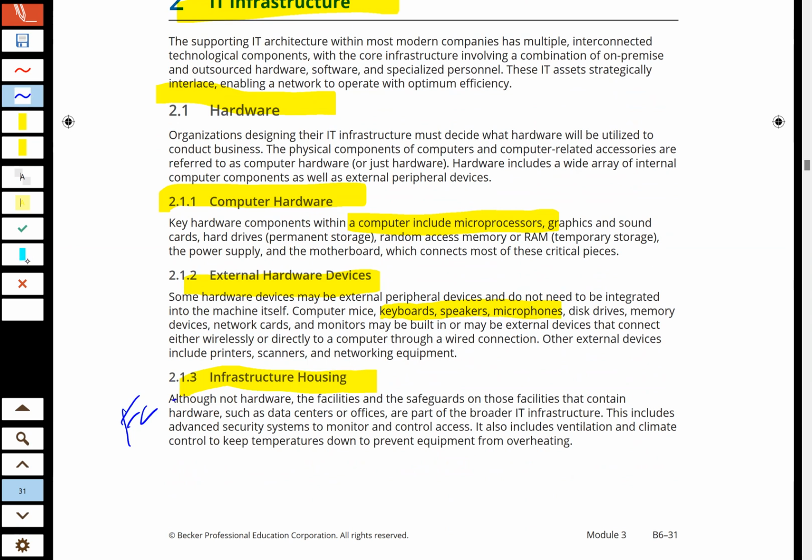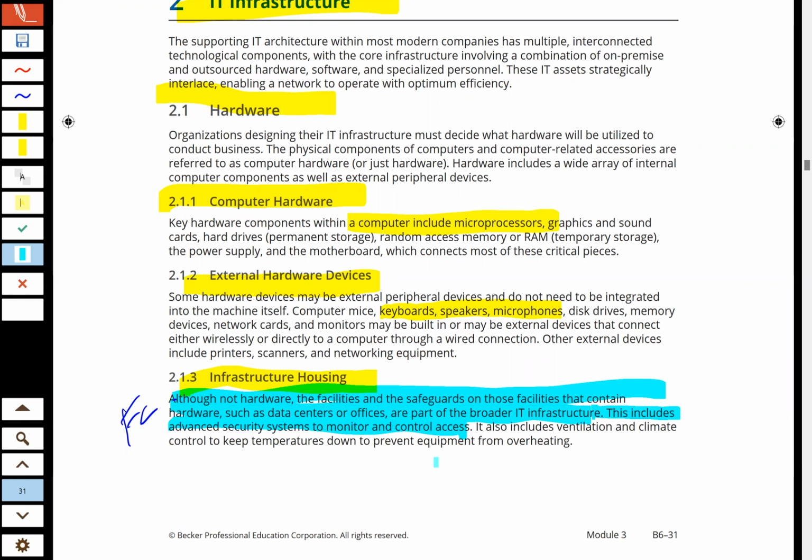Although they are not considered hardware, the facilities and the safeguards of those facilities that contain hardware, such as data centers or offices, are part of the broader IT infrastructure. And of course, we want to have the appropriate advanced security systems to monitor and control access. That's what we mean by infrastructure housing.